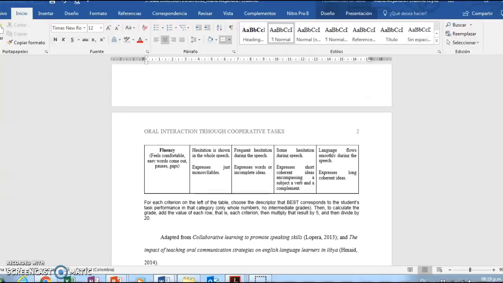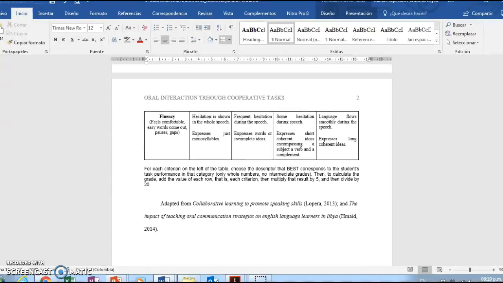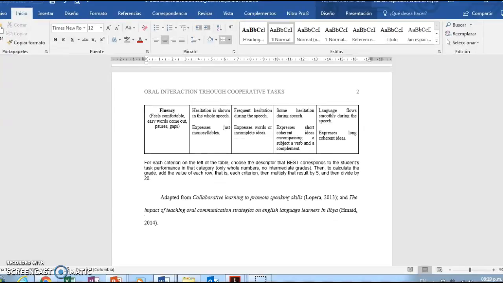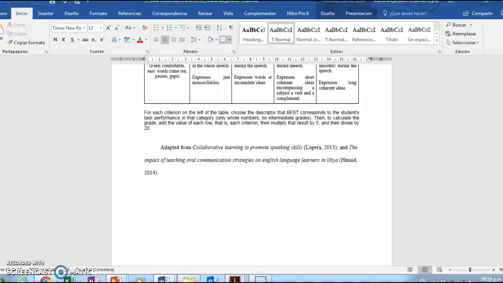And finally, fluency, which is how comfortable students feel, how easily words come out, the pauses they use, and the fillers they use in order to gain time to continue their interaction.